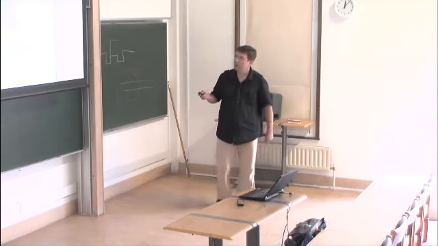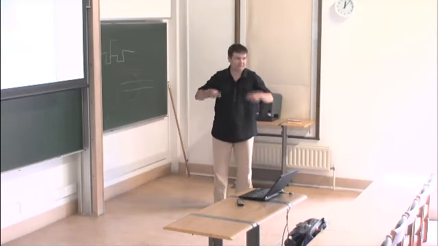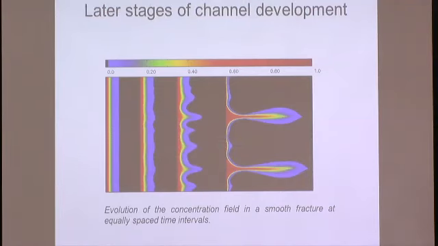So this leads to the appearance of just a few active large channels and the gradual disappearance of the others. Does that actually mean that the bigger flow is stealing flow? Yes, it's stealing flow from the others.